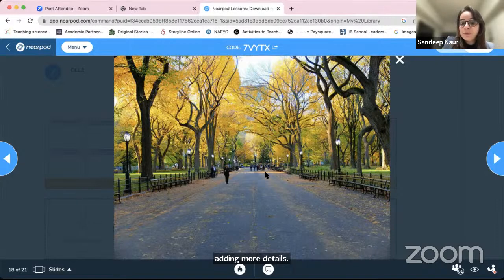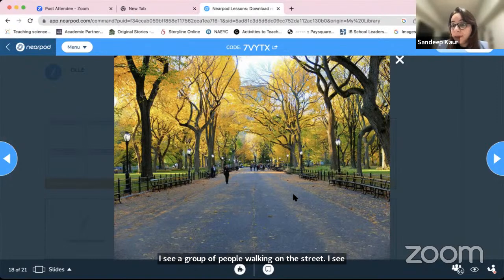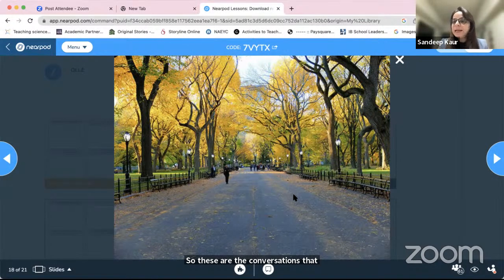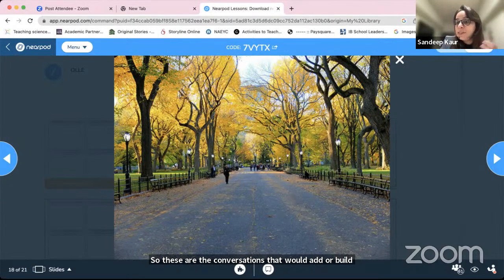I see a group of people walking on the street. I see that it is autumn. And if a child writes that, you might want to ask, what makes you see that? What makes you write that? I see it's evening. How do you know it's evening? Because I see the lights on. So these are the conversations that would build up to the classroom discussions. I'm just giving you some examples. All right.